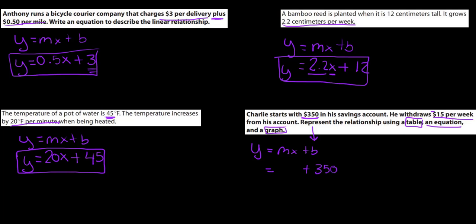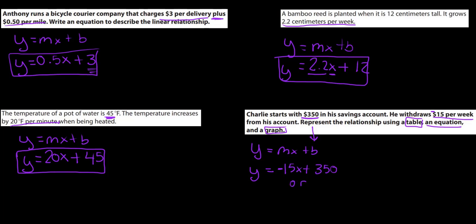That's how he starts his savings account. Next, he's going to withdraw $15 per week from his account. So instead of writing 15x, he's subtracting, which is withdrawing, so I'm going to write negative 15x. So my equation is going to be y equals negative 15x plus 350.